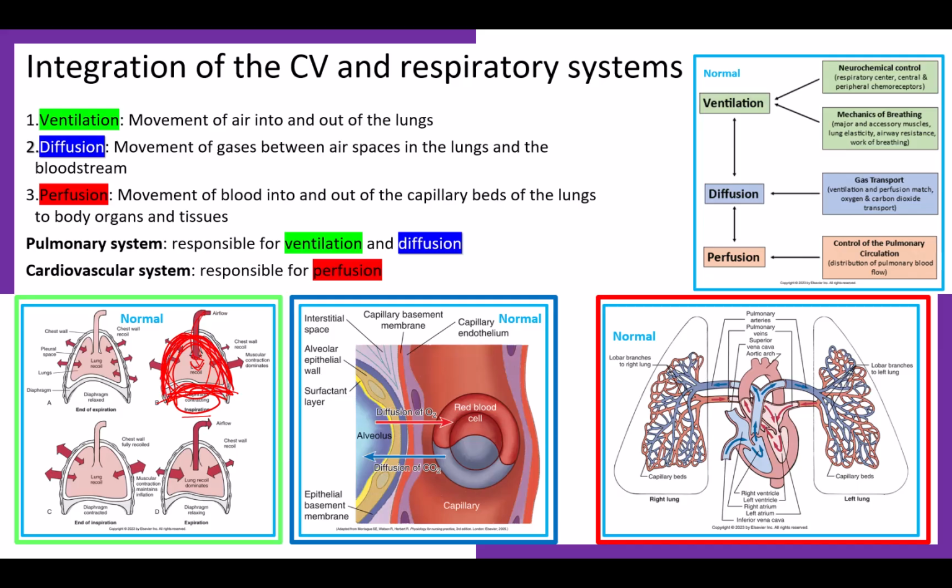So you have an increase in the volume. And when you have a contraction of the external intercostal muscles, that then increases the size of the thoracic cavity. So pressure inside the thoracic cavity drops, and air moves from an area of higher pressure in the atmosphere into the lungs. Expiration happens when the opposite occurs.